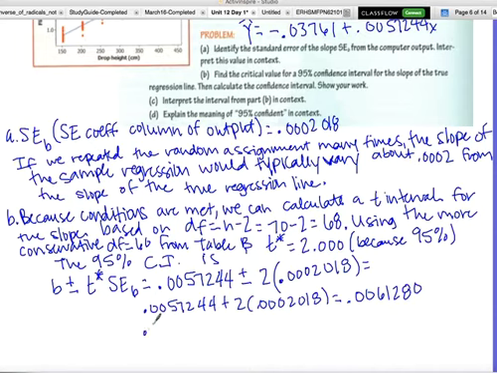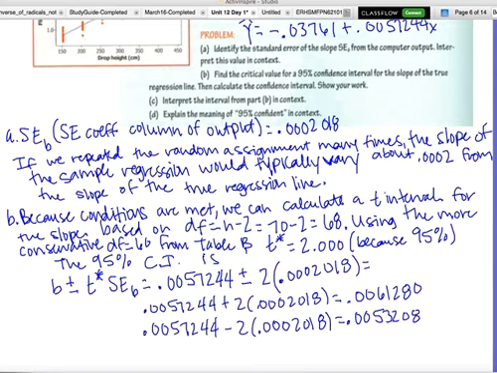You're also going to do 0.005724 minus 2 times 0.002018. And whenever you do that, you get 0.005328. All right, so if you remember back whenever we talked about confidence intervals, this one would be your upper bound and this would be your lower bound.